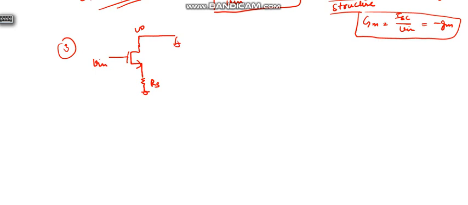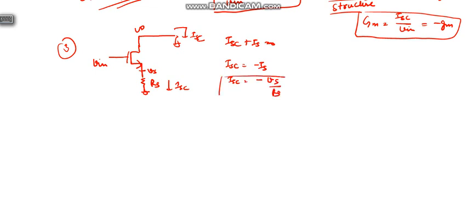We will short this and find ISC. Say this is the VS node, here IS current is flowing. So ISC plus IS equals 0, ISC equals minus IS, equals minus VS by RS. This is equation A.